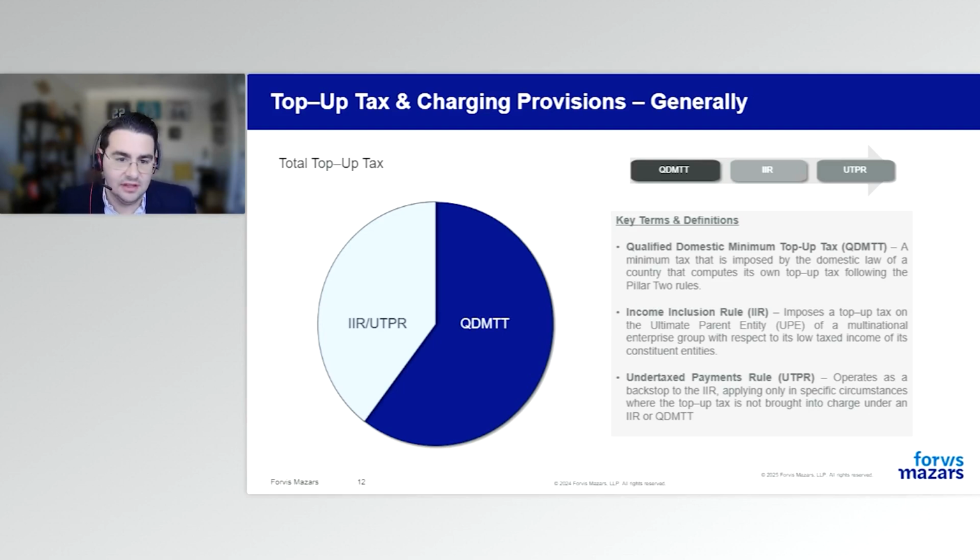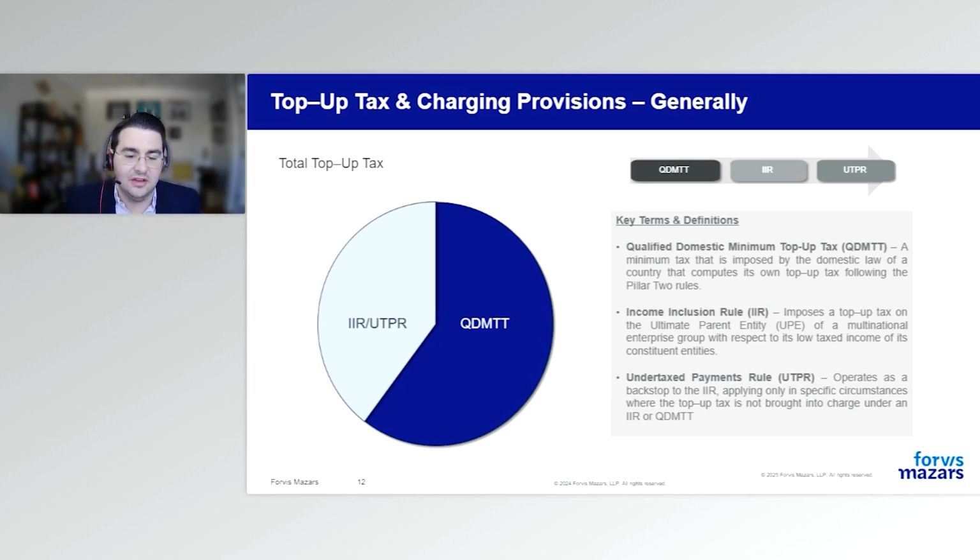And that basically gives countries the ability to deny enough deductions in their own jurisdiction to top up any delinquent jurisdictions in their M&E group.